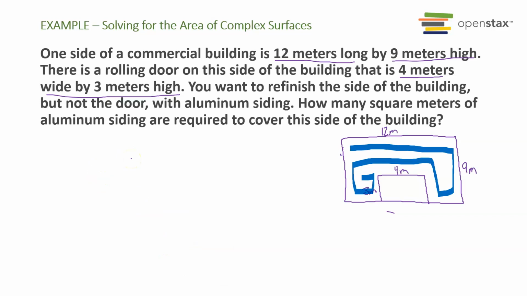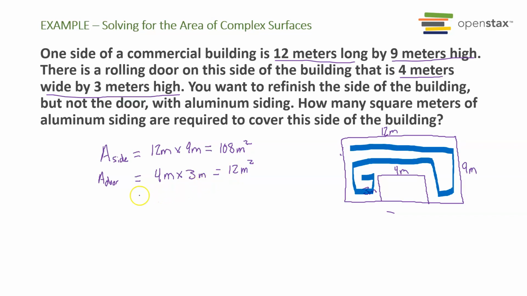So first let's find the area of the side. The area of the side is going to be 12 meters by 9 meters. So 12 times 9 gives us 108 square meters. The area of the door is going to be 4 meters by 3 meters, so that is 12 square meters.